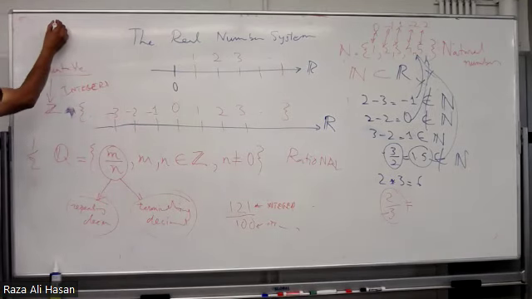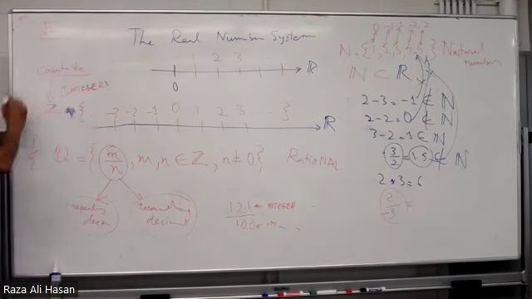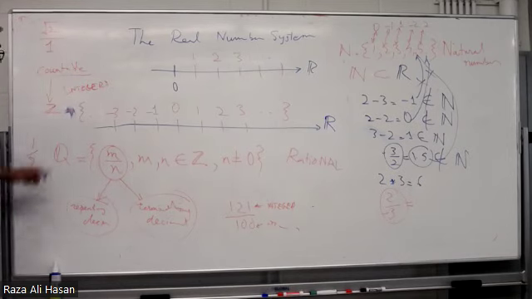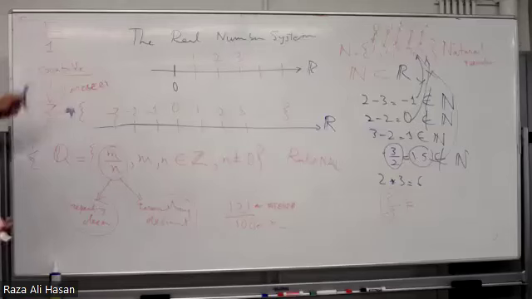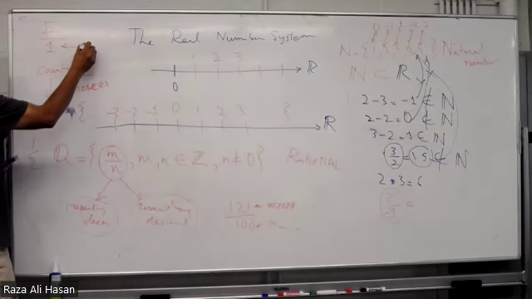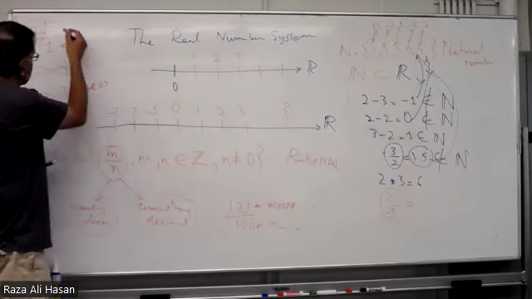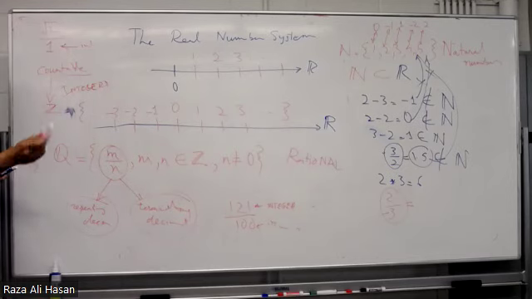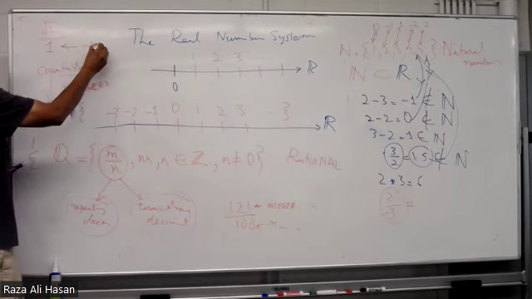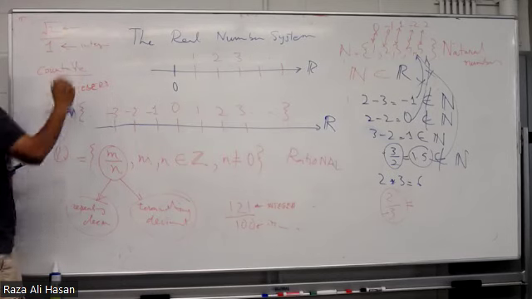If I put square root of 2 here, can I represent it as a fraction? Sure, I can put 1 here. Is this a rational number? No, because this is an integer. The definition says the numerator and denominator have to be integers. Is this an integer?